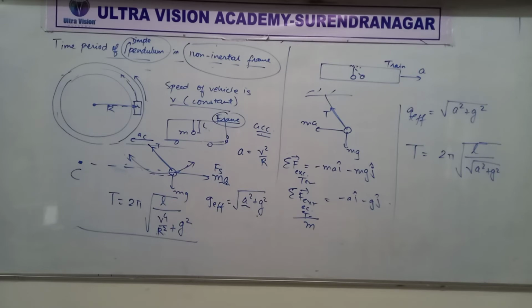Suppose there are some other constant forces acting, then also you can use the same idea. To find g effective, you take the sum of all forces except tension. Clear what I said? Even if it's an inertial frame and some other constant forces are acting, you can use the same idea. Okay?